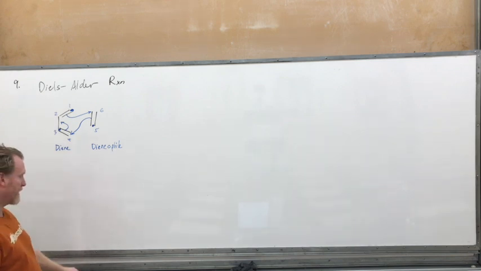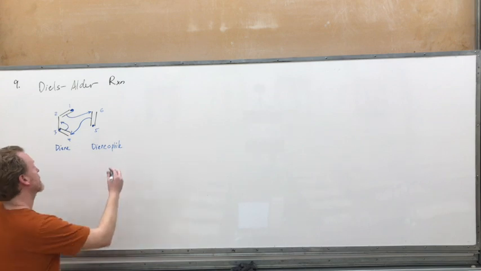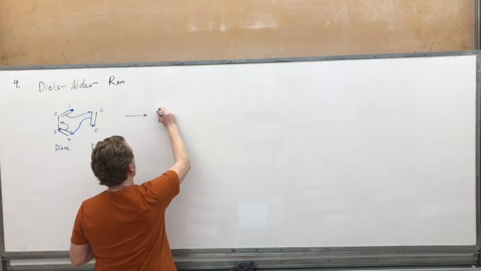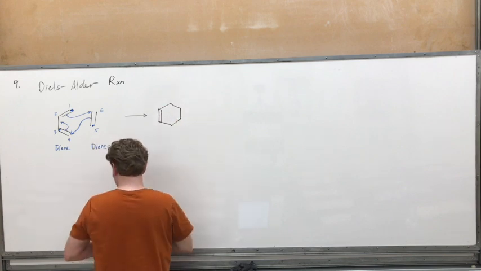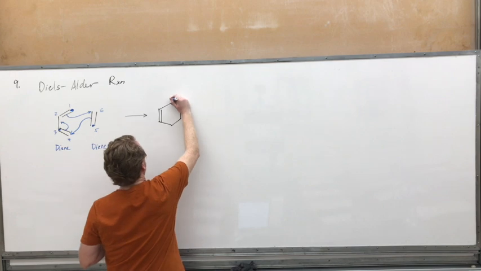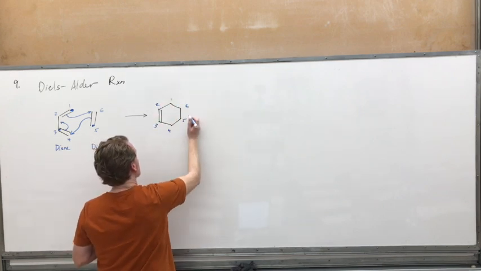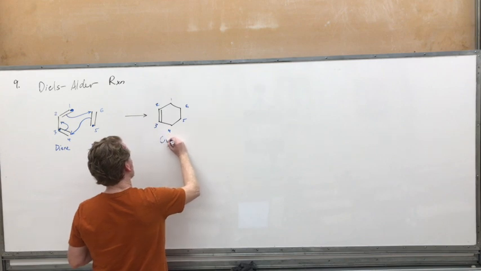Very similar to the electrocyclic reactions we were doing, except in this case we make a 6-membered ring, and we've got 1, 2, 3, 4, 5, 6. You make a cyclohexene.